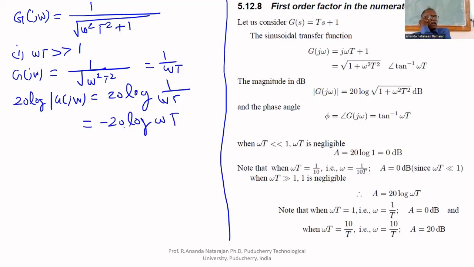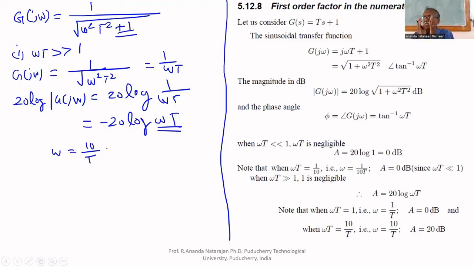Here, we are considering only the cases where omega tau is far, far greater than 1. Therefore, 1 is negligible. What will you get when omega equal to 10 by tau? Substitute omega equal to 10 by tau.